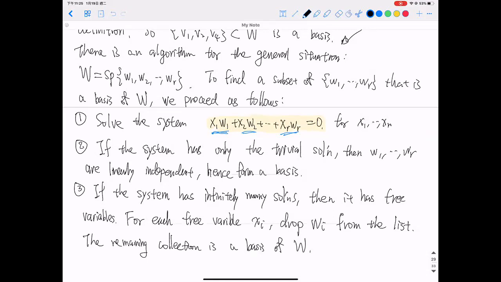This algorithm produces for you, on a given spanning set, a subset that is a basis.